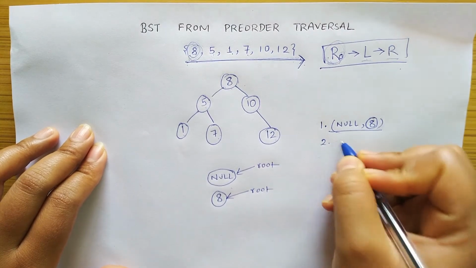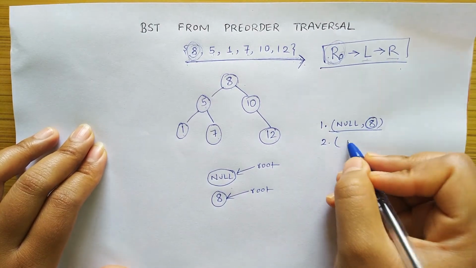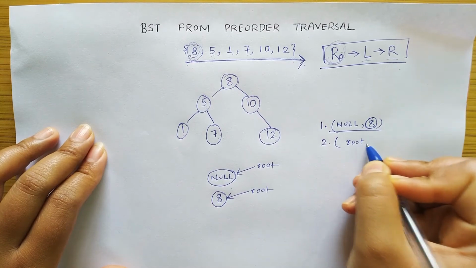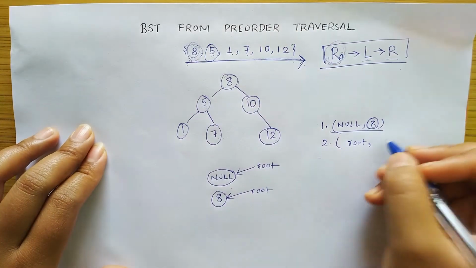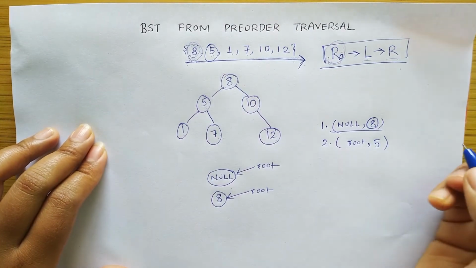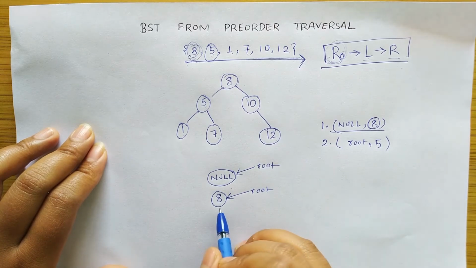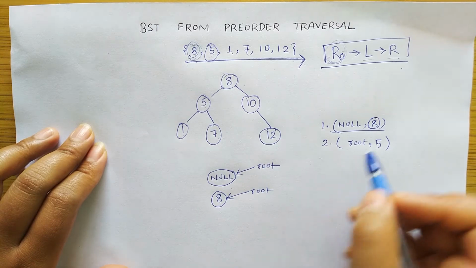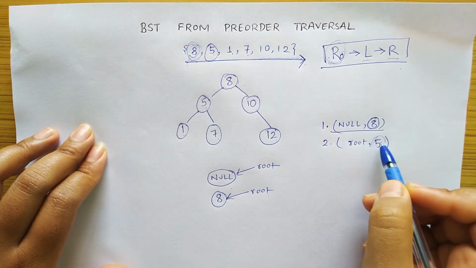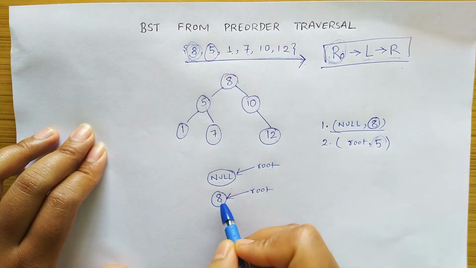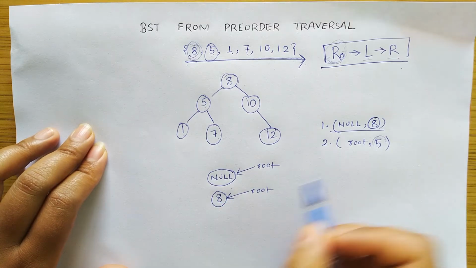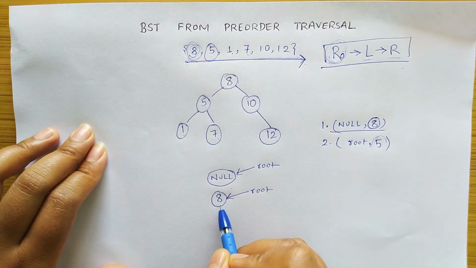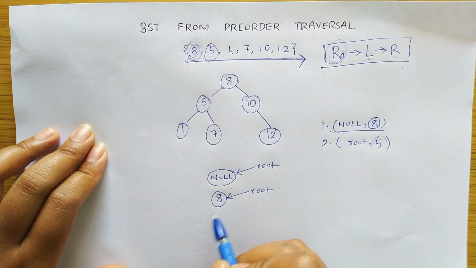In the next iteration we will send our root, which is 8, and the next element, 5. First it checks if the root is null. If the root is not null, it will compare the value that we have passed with the root's value. Since 5 is less than 8, it will insert a new node in the left of root.